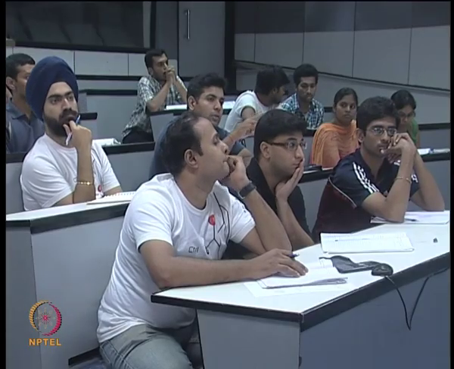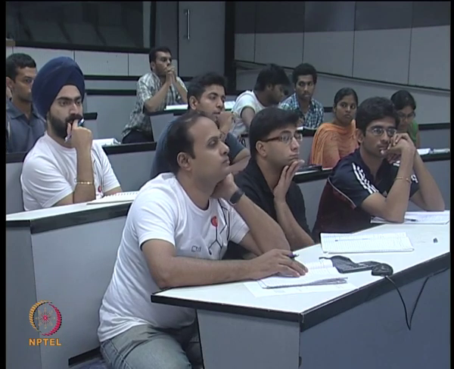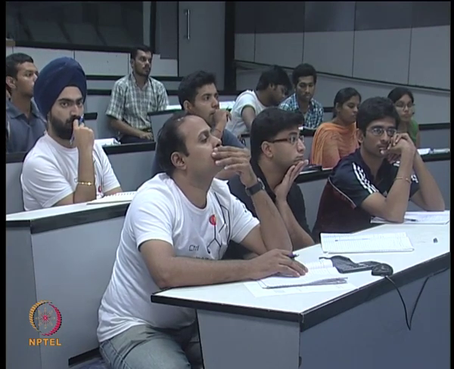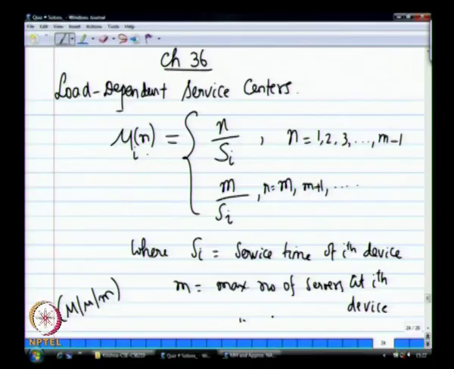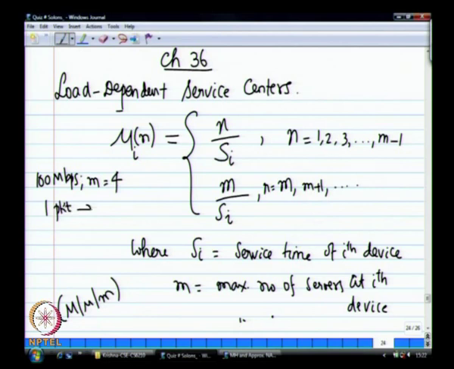When all 4 servers are active, the capacity of the system is 400 Mbps. This simply says that at the ith queue, if there are n jobs, then the capacity of that server is n by si, and if n is greater than or equal to m, then it becomes m by si. If I have 4 such 100 Mbps links and there is one packet in the queue, the capacity of that system is 100 Mbps.